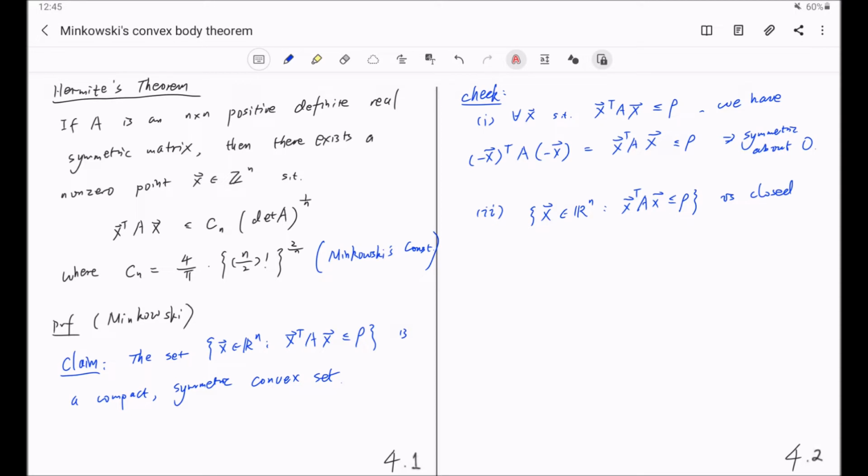And now it suffices to verify that this subset is bounded in R^n. This is the place where we are going to use this hypothesis seriously.